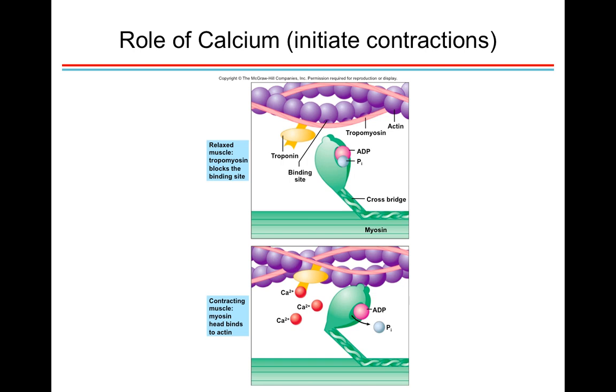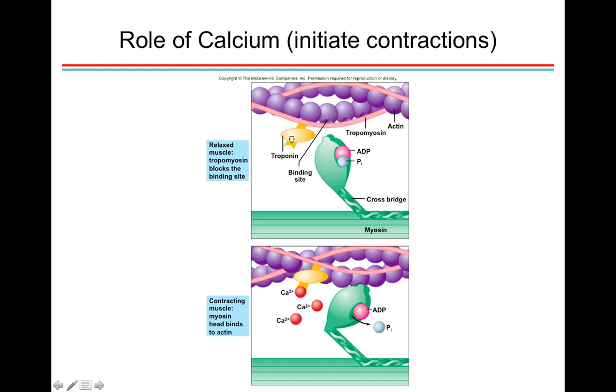And we'll take a look at that in a little bit. But I want to show you right now that we have myosin down here with this little crossbridge sticking out that can basically grab onto actin, but it can only do so if tropomyosin is not in the way. So when tropomyosin is in the way, myosin cannot bind actin.